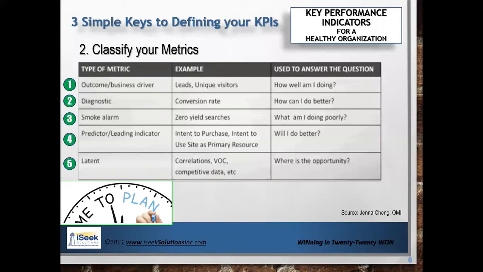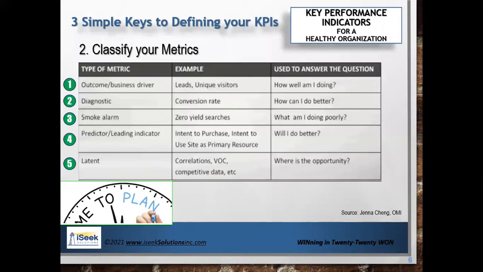The next one, number 3, is a smoke alarm metric. This is more of a warning, more of a red flag metric or KPI. The question here is, what are we doing poorly? What are we not doing well?